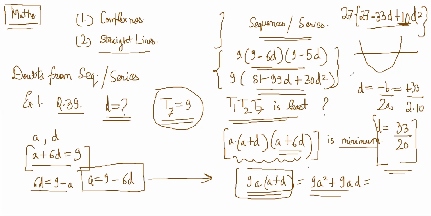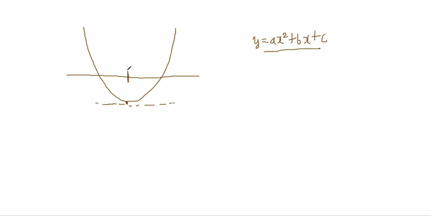What am I saying? For a quadratic expression like y equals ax square plus bx plus c, the value of y is minimum at the lowermost point, and this happens at x is equal to minus b by 2a. Why does that happen?